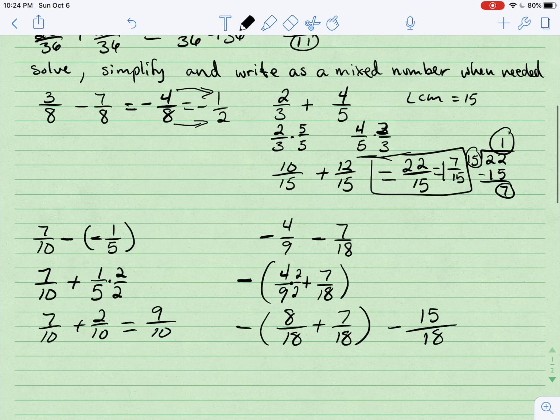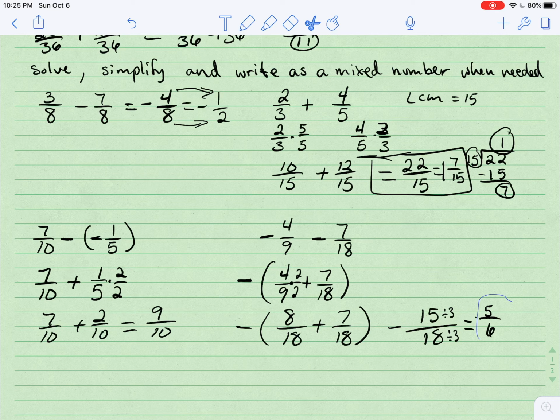However, we need to simplify this. The greatest common factor of 15 and 18 would be 3. So we can divide both top and bottom by 3. 15 divided by 3 is going to give us 5. And then 18 divided by 3 will give us 6.